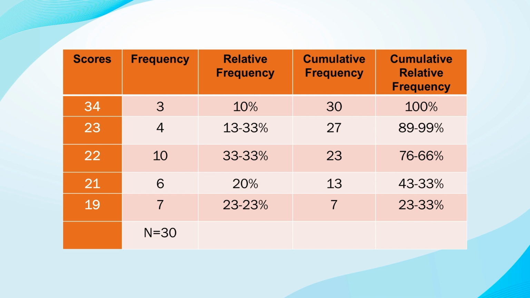Accordingly, we calculate the cumulative relative frequency. The topmost will be 100%, and that includes all the 30 frequencies. Percent is always in terms of 100. So that is 100% on top, which is 30, the total n equal to 30.